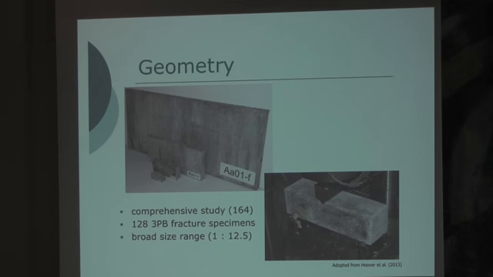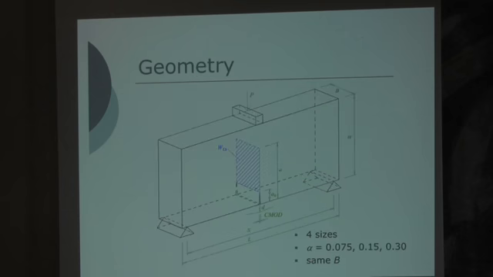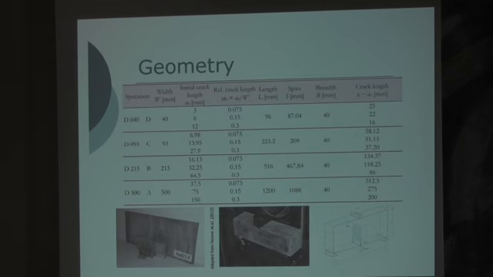So in this step, you can see that the test geometry was for 4 basic test specimens. The smallest one has a width of 40 millimeters, the largest one 500 millimeters.